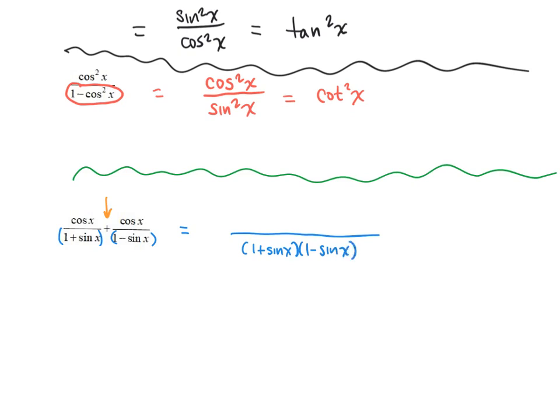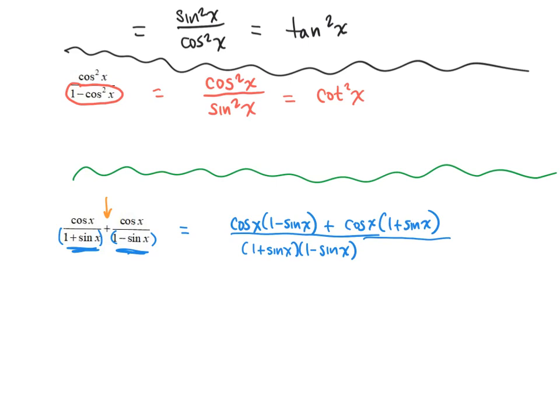And then whatever I'm missing, I'm just going to add. So the first one I had cosine over 1 plus sine, so I'm missing 1 minus sine. So I'll put that in. Plus, I have cosine over 1 minus sine, so for this one I need to add 1 plus sine x. So that's just adding the fractions with our common denominator.